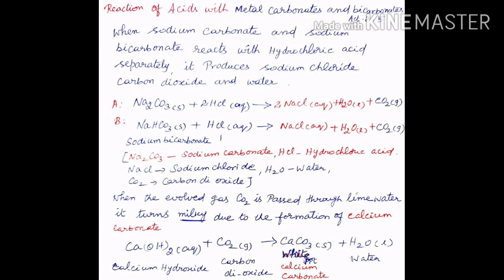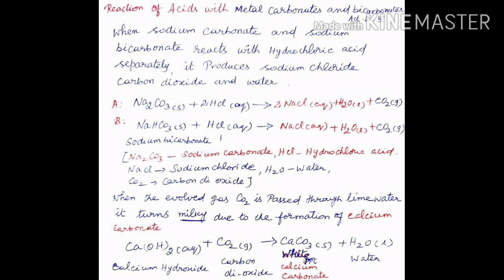Observation. When sodium carbonate and sodium bicarbonate react with hydrochloric acid separately, they produce sodium chloride, carbon dioxide and water. In test tube A, Na2CO3 plus 2HCl gives 2NaCl plus H2O plus CO2. Na2CO3 sodium carbonate, HCl hydrochloric acid, NaCl sodium chloride, H2O water, CO2 carbon dioxide.